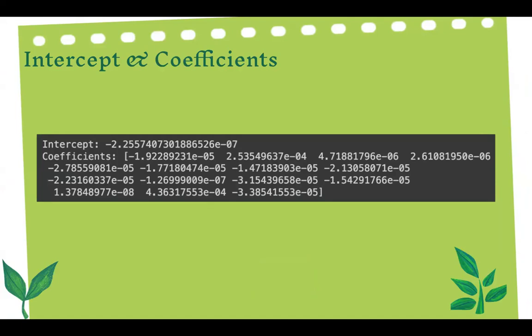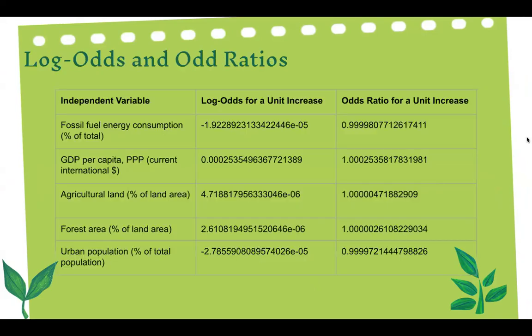And as you can see, the coefficients cover a wide range, covering both negative and positive values. These are the log odds and odds ratios of the outcome for a unit increase for each independent variable that we used in this classifier.